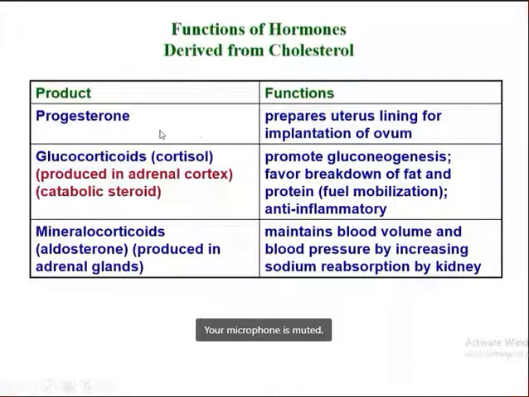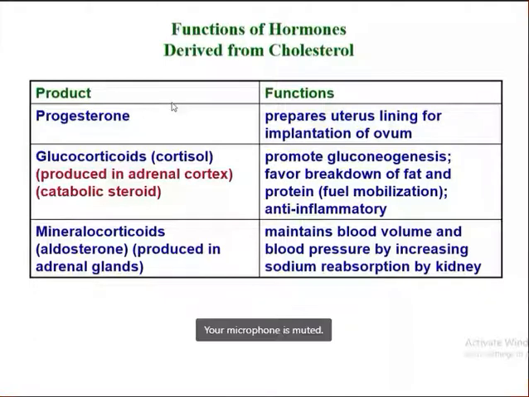I will not spell this out, but you should already know the function of glucocorticoid and mineralocorticoid. I just mentioned progesterone, estrogen, testosterone and other things. You should also read textbooks yourself. I am just giving the hints on how to read, but you should also read yourself.